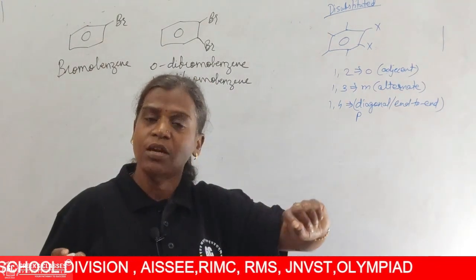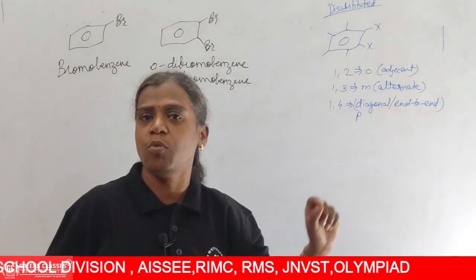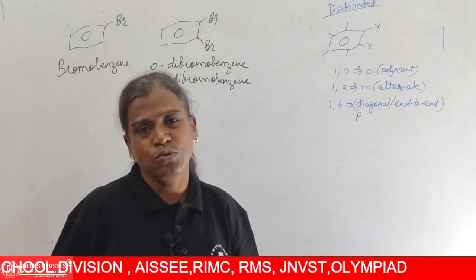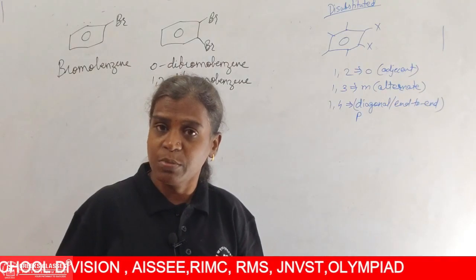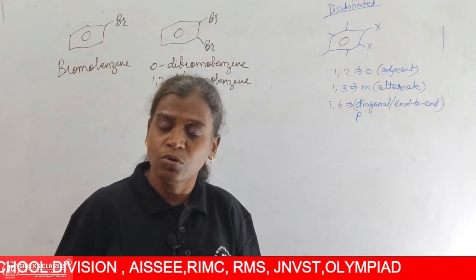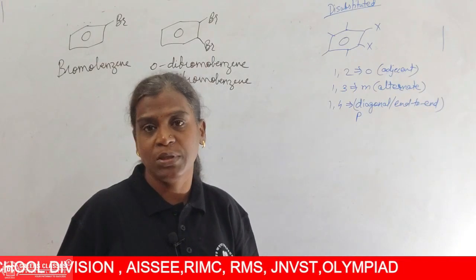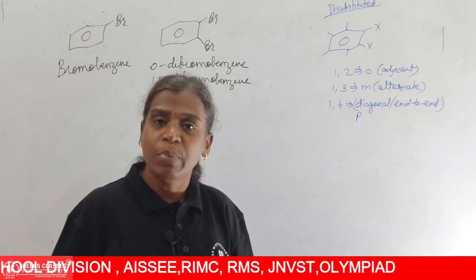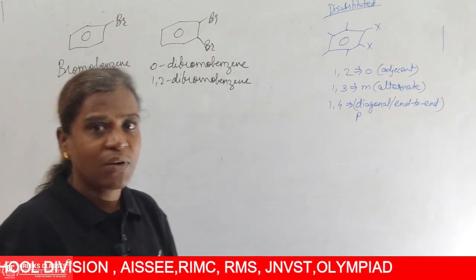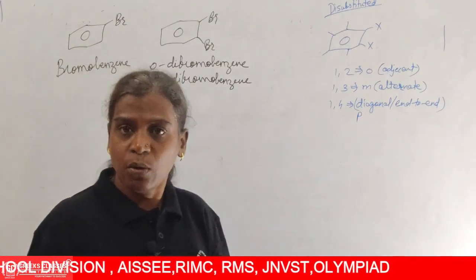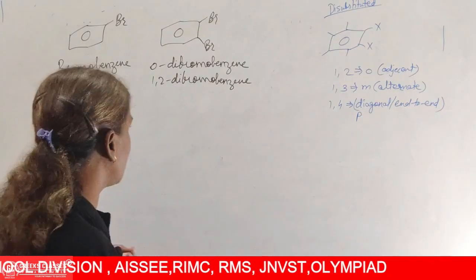For IUPAC, follow the number system only and do not use prefixes, because there is a possibility that not just two but more substituents can be present. So it is better to use the number system while writing the nomenclature for halogenated aromatic substituted compounds.